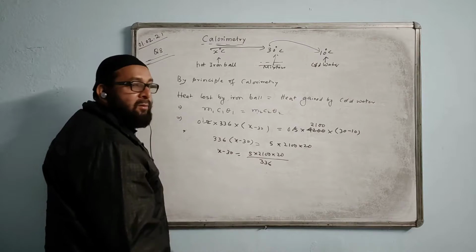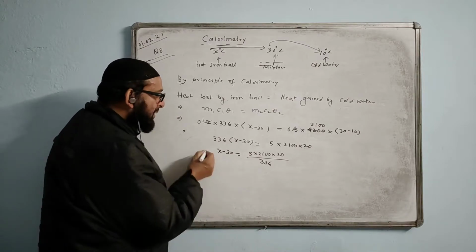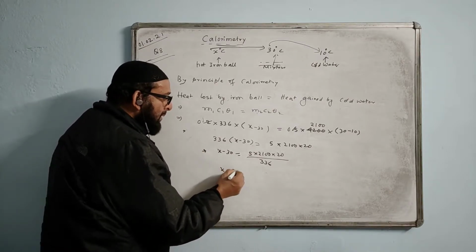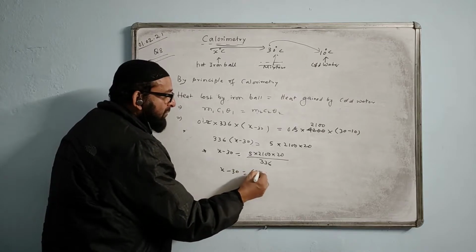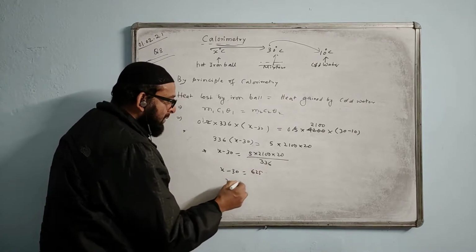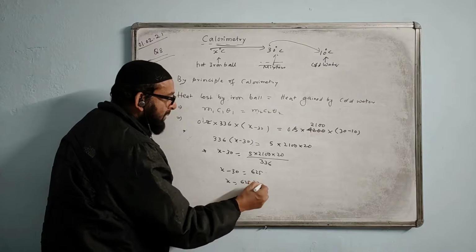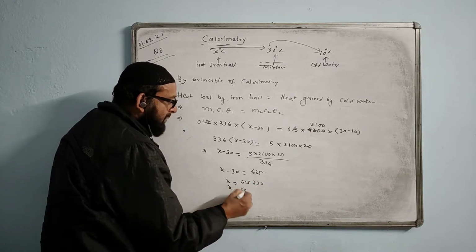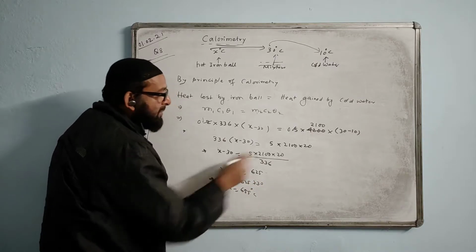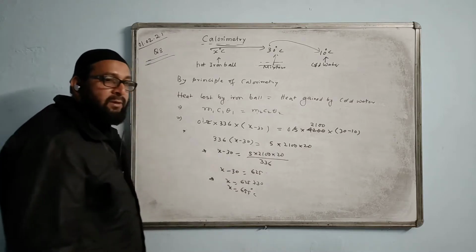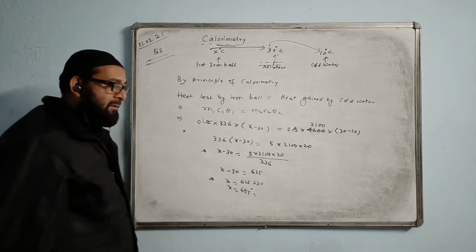Okay, now cancel on your own. Check what the answer is coming. This will come 625, 30 will go that side. 625 plus 30, the answer will come 655 degrees Celsius. You cancel it all the way and check what is the answer coming. It will become 625. Check.